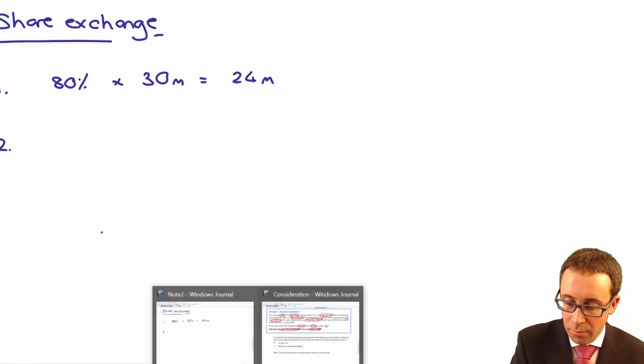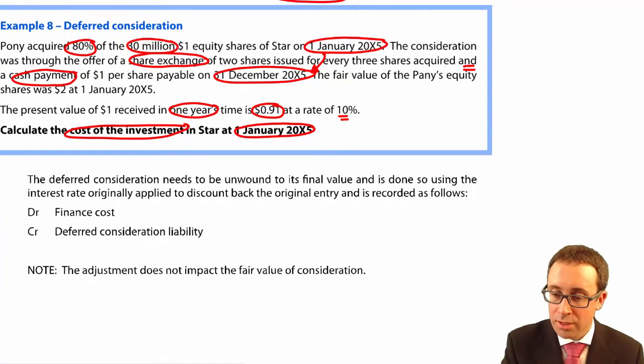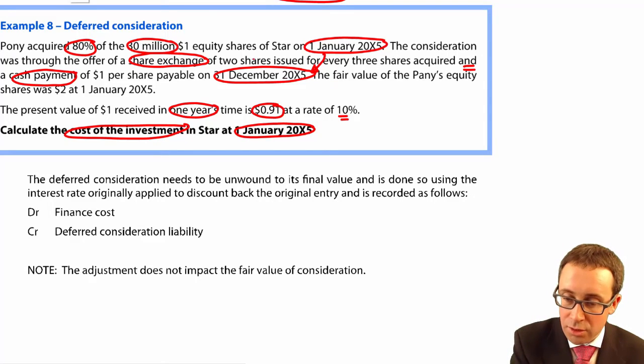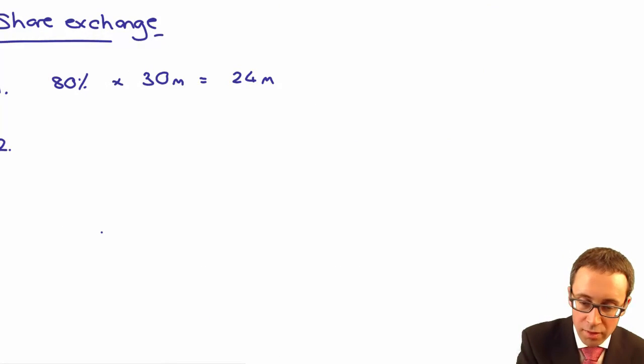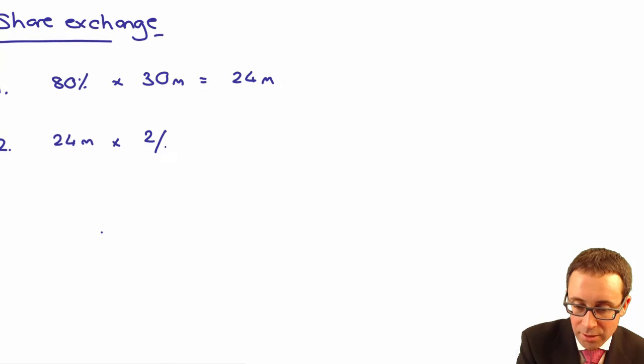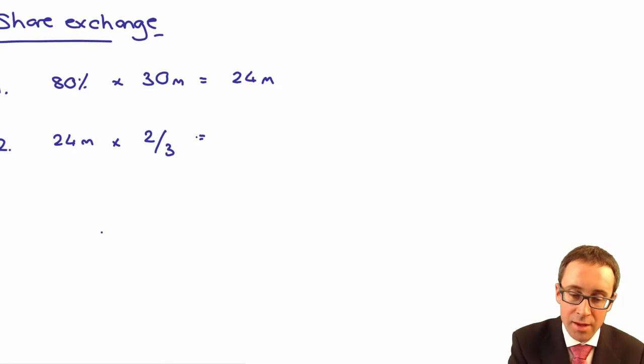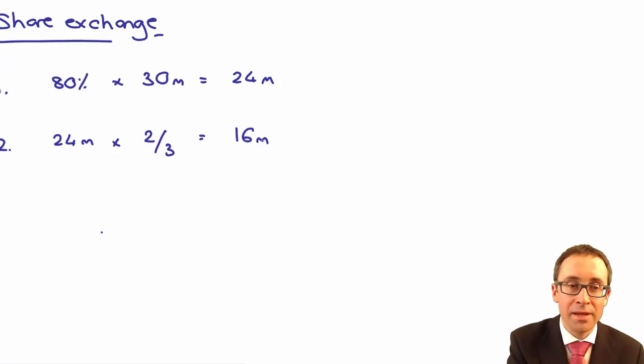Step 2 is to look at the number of P shares issued. So it was 2 shares for every 3 acquired. So what you've got there is you take your 24 million, you multiply by 2, divide by 3. Does that give you, I think, 16 million?